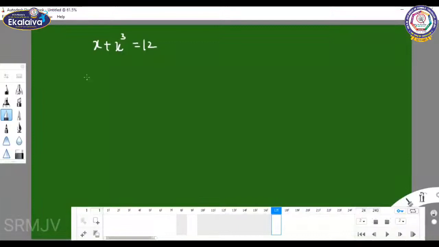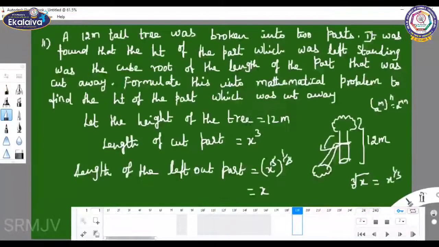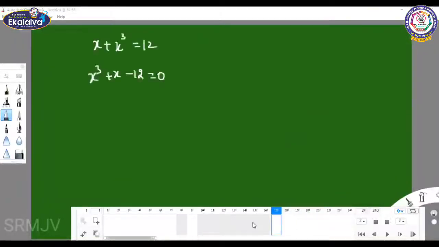Therefore, you will write it in a proper way: x cube plus x minus 12 equal to 0. This is the mathematical problem to find the height of the part which was cut away: the equation x cube plus x minus 12 equal to 0. I hope you understood, children. Thank you, children.